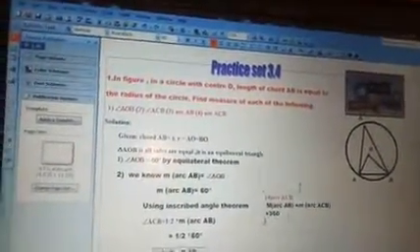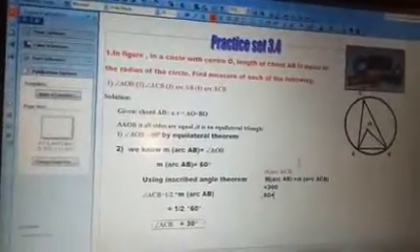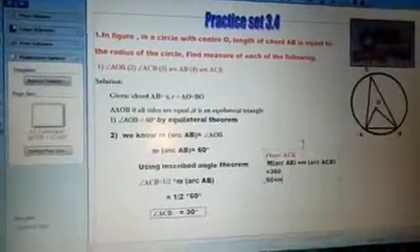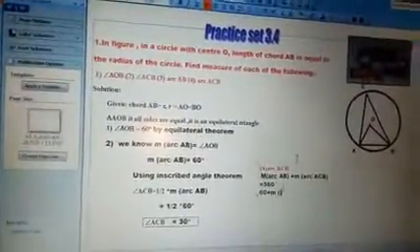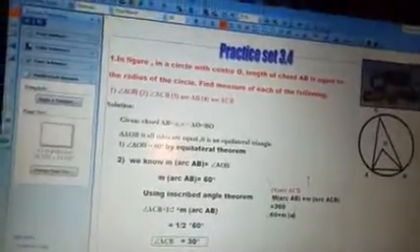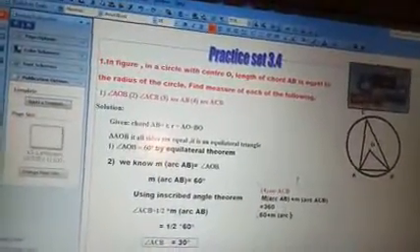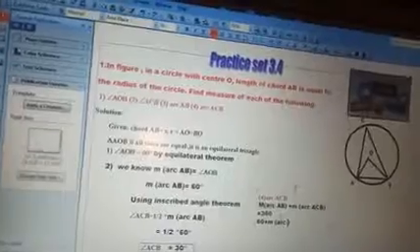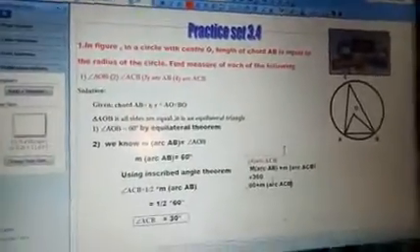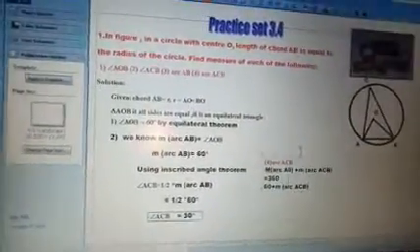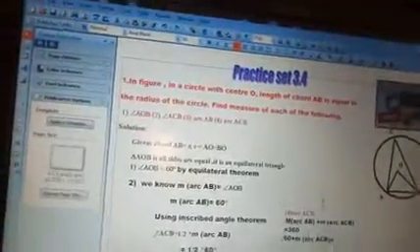Then 60 degrees plus measure of arc ACB is equal to 360 degrees.